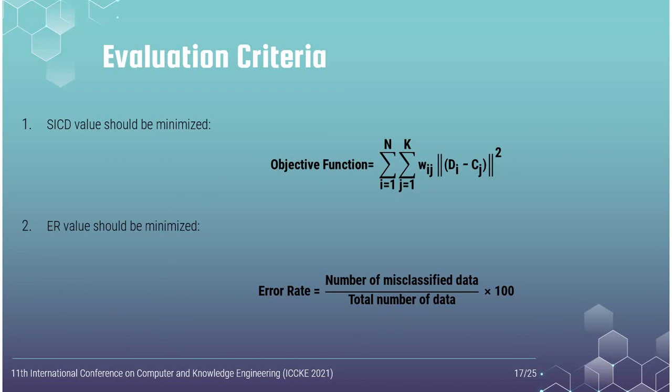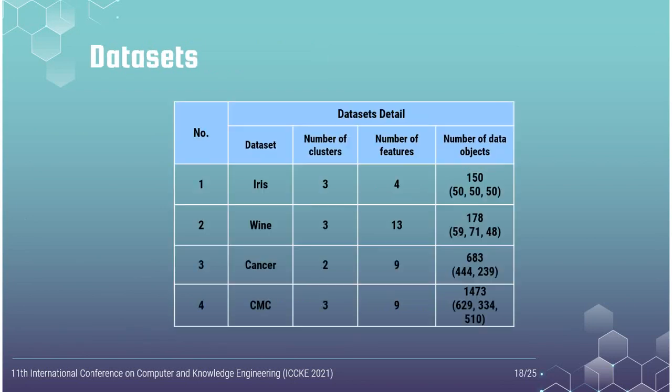The first one is the SICD result, which refers to the objective function I explained in the previous part. The second criterion is the ER value, which is the error rate, and it should be minimized for better performance.